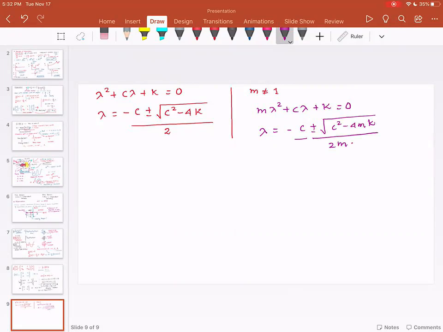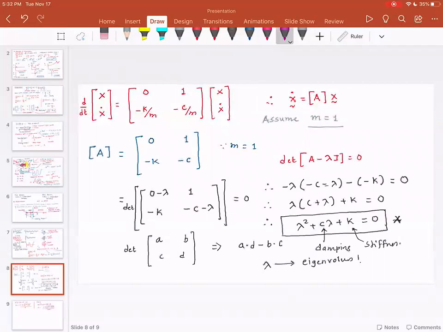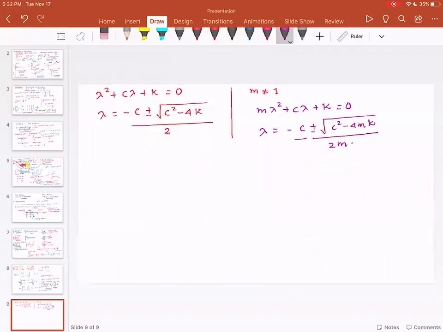I just took m is equal to 1 in this expression to make it simple. If m is not equal to 1, if you keep m as is, you will have this expression.